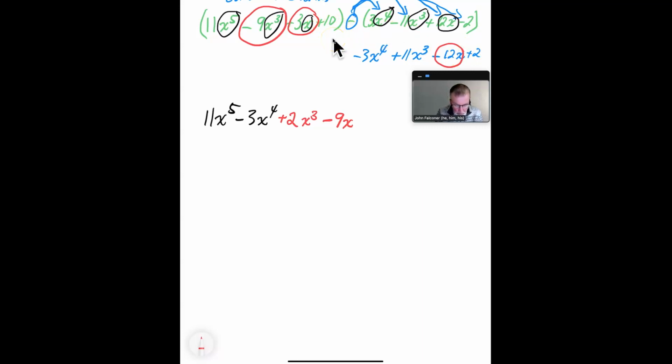Add those together, we get positive 12. So we have now combined these two polynomials, and in this case it was subtraction, but basically after you have distributed the negative sign here, it's just combining like terms. You're searching for the terms that are the same, and then putting those together. So this is the answer we would put in at WAMAP.